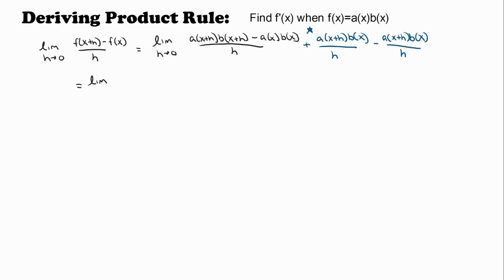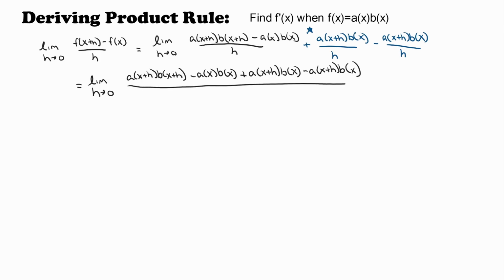We have the limit of h going to 0, and since we have the same denominator, we can say a of x plus h, b of x plus h, minus a of x, b of x, now plus a of x plus h multiplied by b of x, minus a of x plus h, b of x, all divided by h.